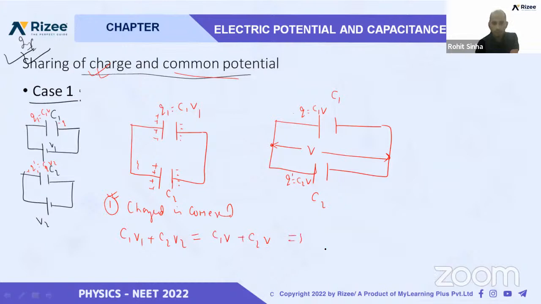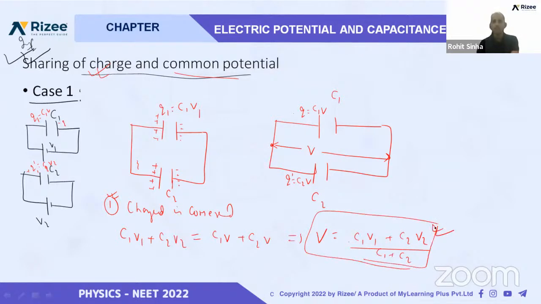From here, the final potential will be V equal to (C1V1 plus C2V2) by (C1 plus C2). This will be the common potential attained by them. Very important; you have to remember the steps.